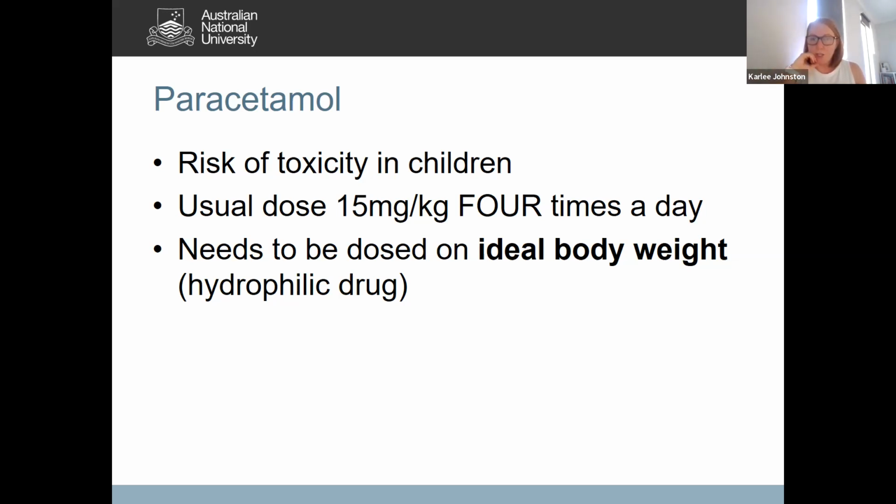So when you're dosing paediatrics with paracetamol, you do need to use an ideal body weight. That's really important because it's one of the most commonly prescribed drugs. So we do need to change the calculation. If they're on extremes of weight for their age, then we do need to change to that ideal body weight that we went through just before.